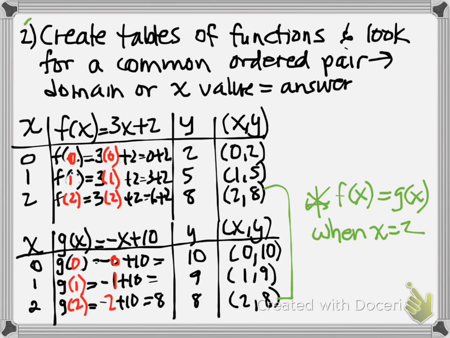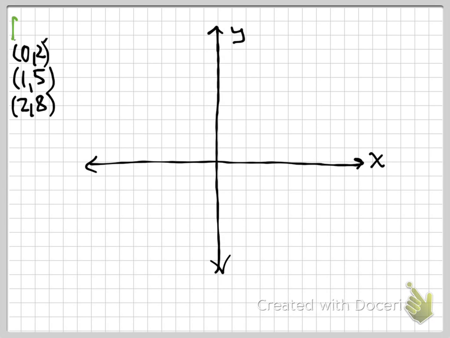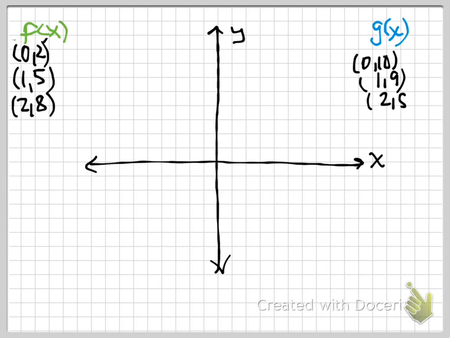Let's make f green, and then we'll make g of x blue. And the ordered pairs we got for that guy were 0, 10, 1, 9, and 2, 8.